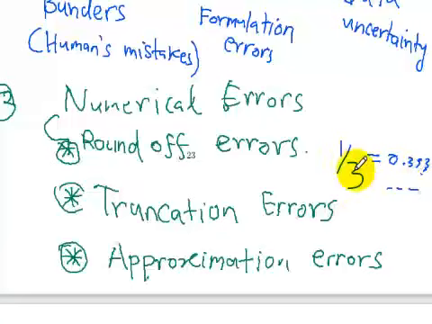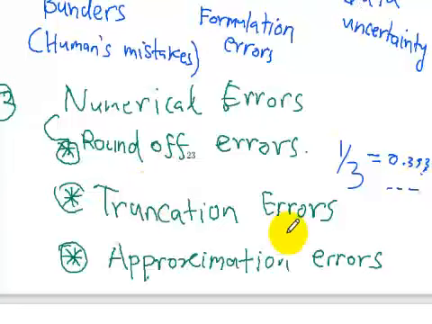So when you store this type of number, the computer chops it off at a certain place. This will generate errors, and this is called round off error, right?